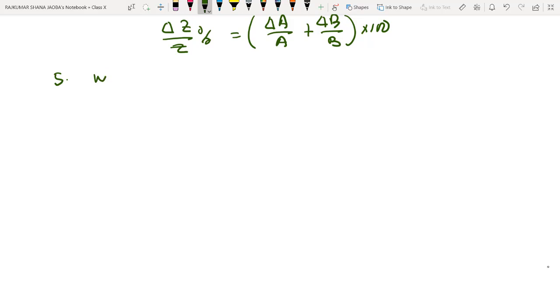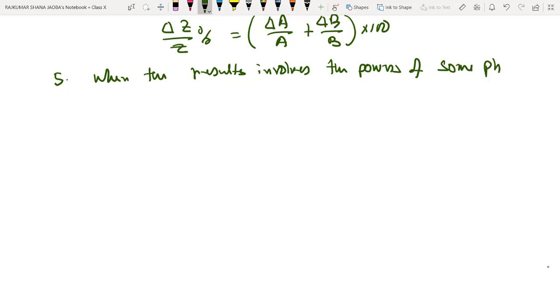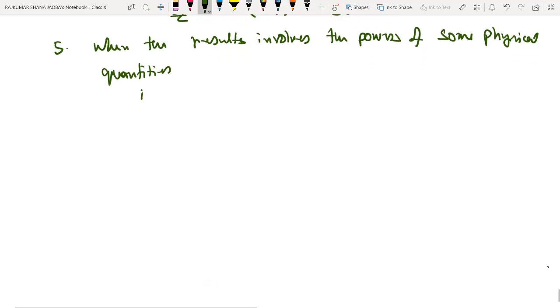Now, when the result involves the powers of some physical quantities. So number one, Z equal to A to the power x.